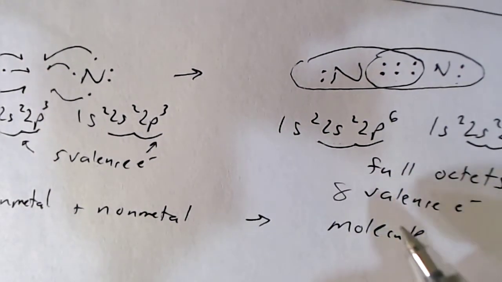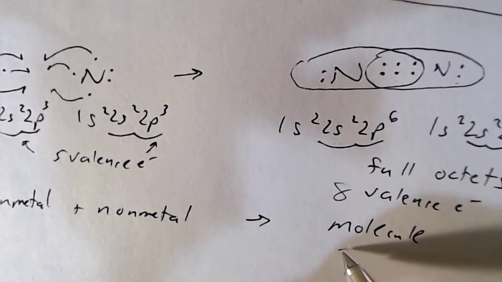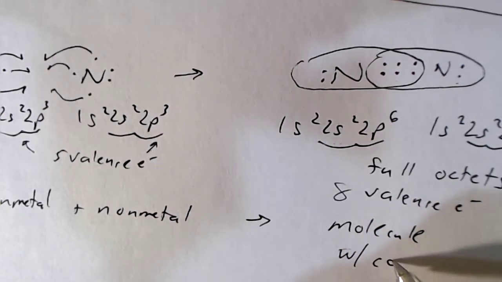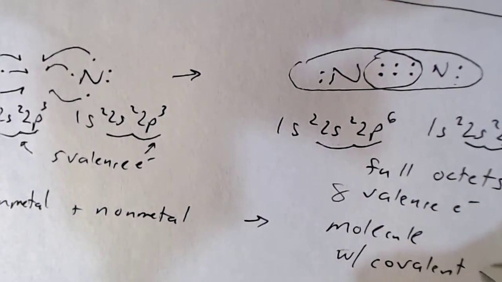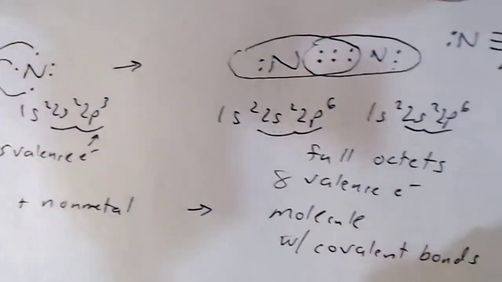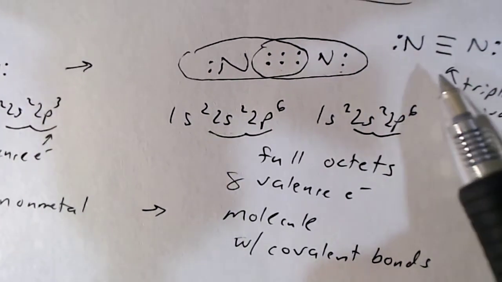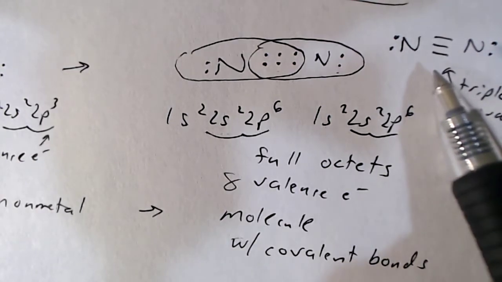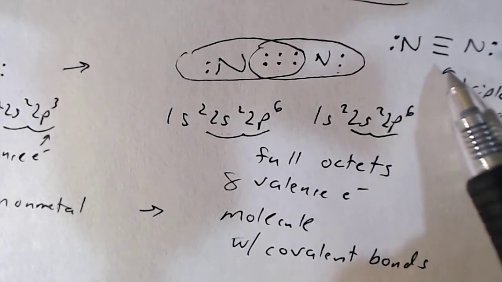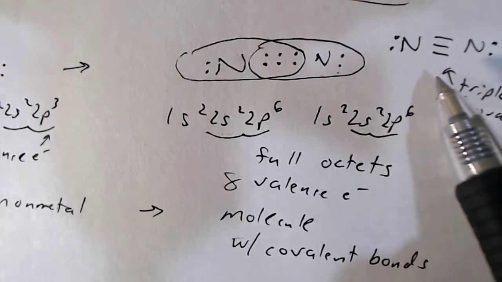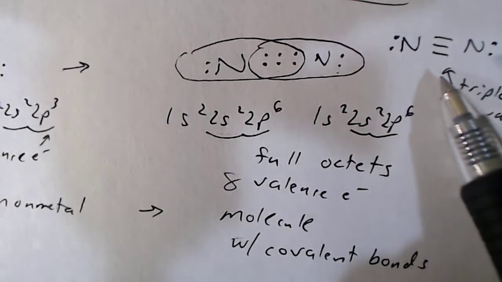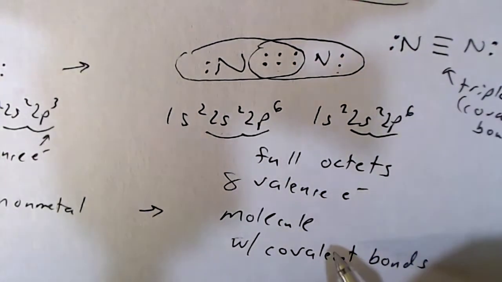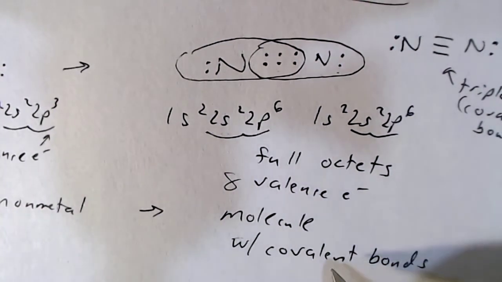Now, a molecule has covalent bonds. Electrons are shared. So think co-captain of a soccer team. Those captains share the captainship. So co means share, and then valent is referring to the valence electrons.